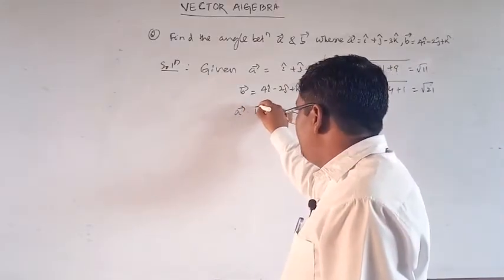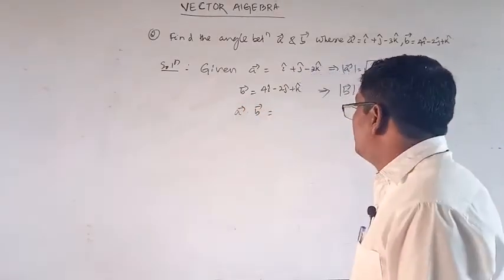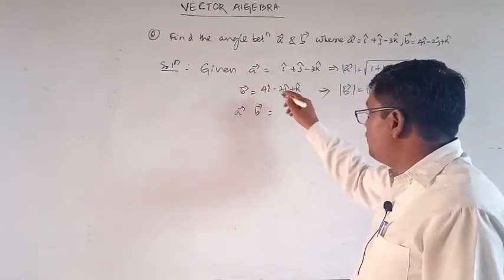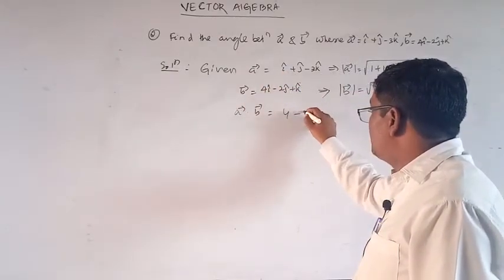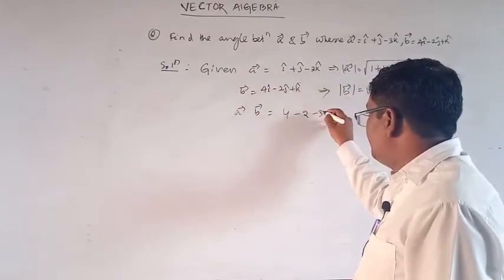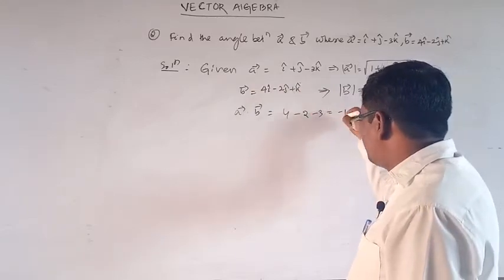Now A dot B is equal to what? 1 into 4 is 4, minus 2, minus 3. This is equal to minus 1.